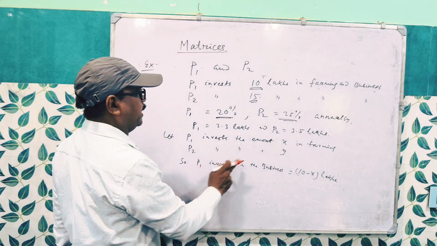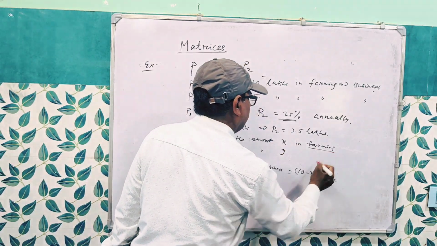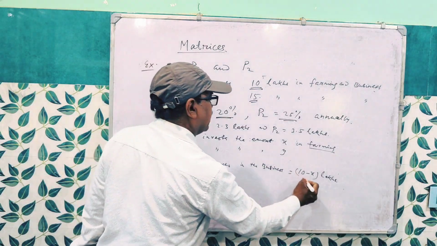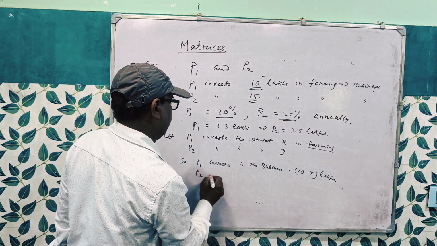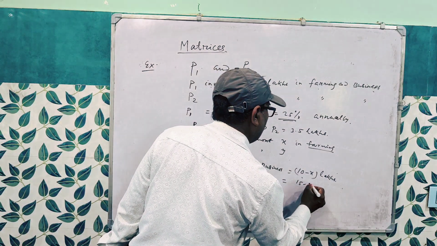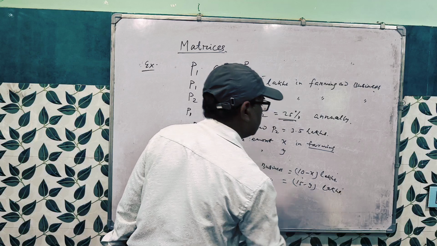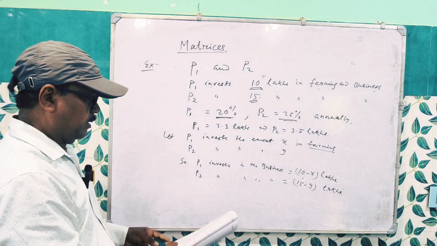If X is the investment in farming, then in business 10 minus X, and P2 invests in the business 15 minus Y lakhs. Clear?